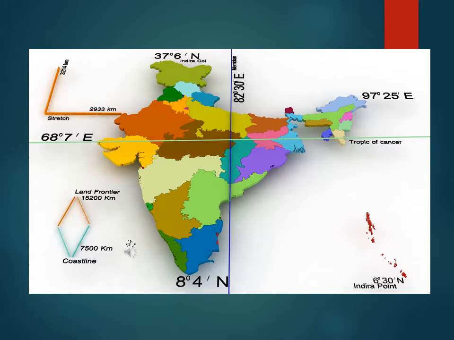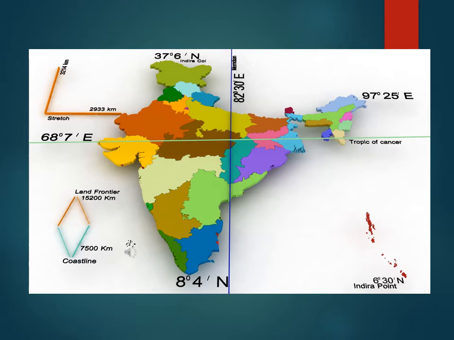And the difference between 37 degree 6 minute and 8 degree 4 minute, you can see it's almost 29 point something. So the latitudinal difference from south to north, and the longitudinal difference from east to west, is almost the same for our country.